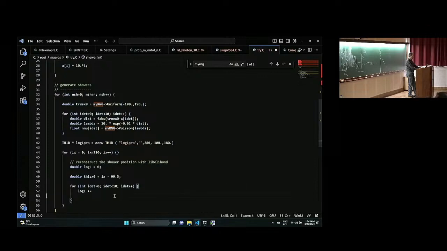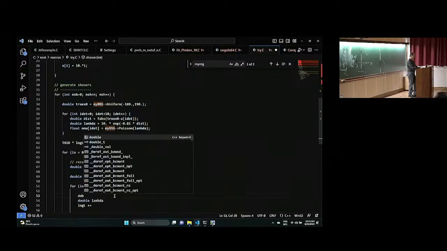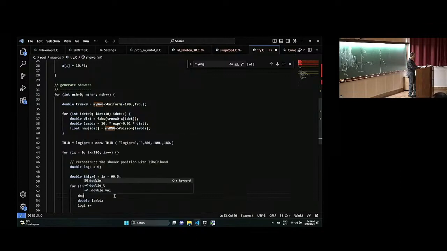Okay, so we now know what this x0 is, and we can compute the logarithm of the lambda. So for each detector, we need the lambda. For this detector, first of all, we compute the distance again, but this is the distance from the assumed, not the true position.